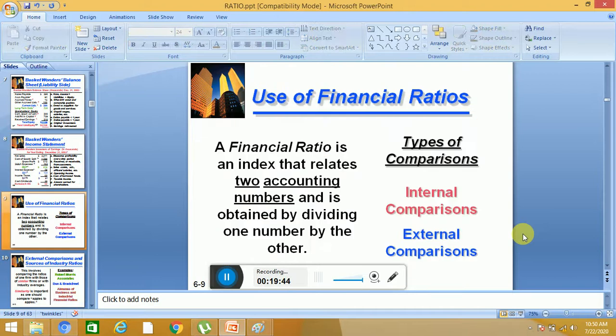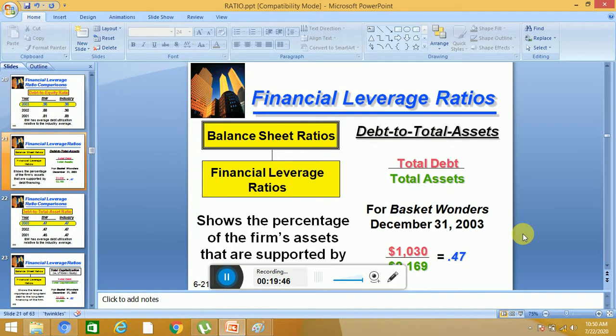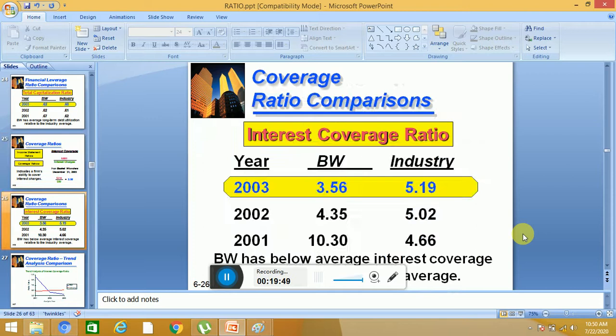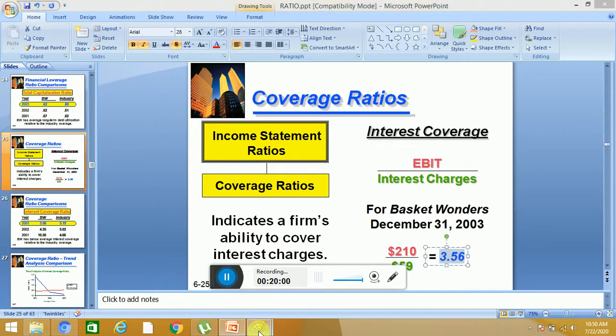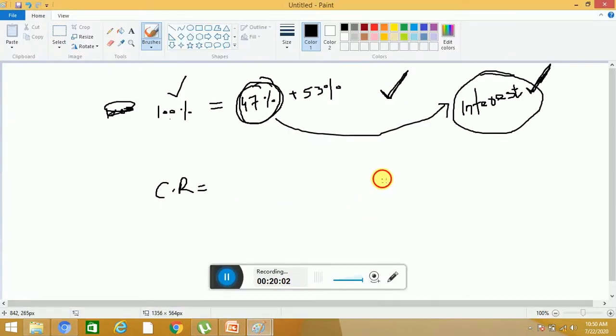Now listen, 210 divided by 59, so we are getting 3.56. What does it mean? 3.56 divided by 1 means if our interest charges are $1, we are earning $3.56.